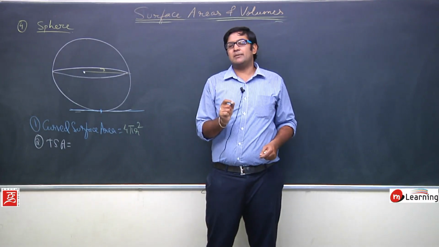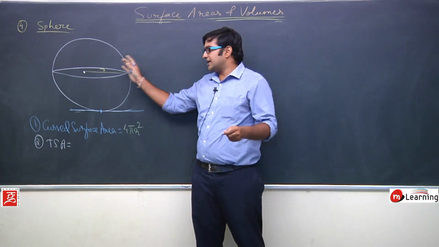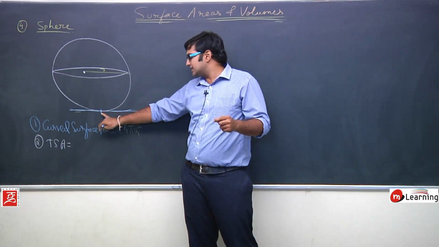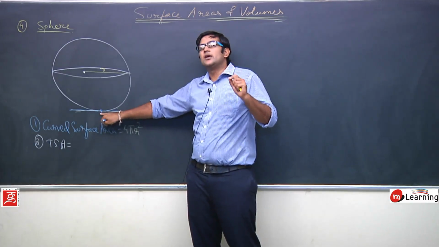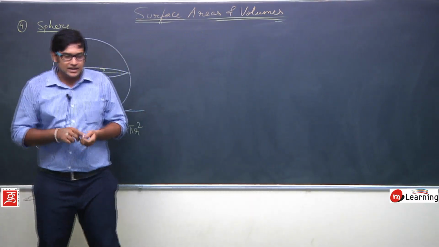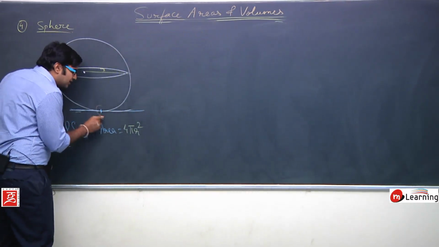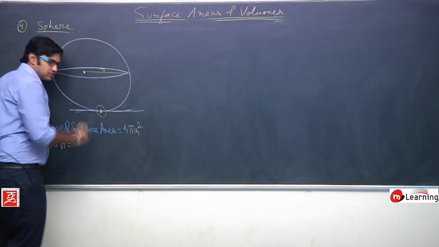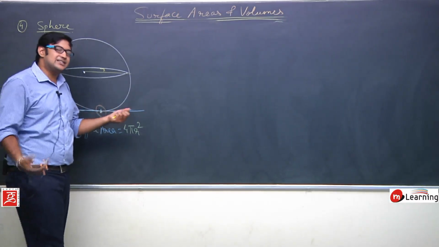Okay, just remember, if I keep this sphere on the ground, it will touch a single point on the ground. And if I tell you to calculate the base area of the sphere, it means I am telling you to calculate the area of this point. The area of this point is 0.